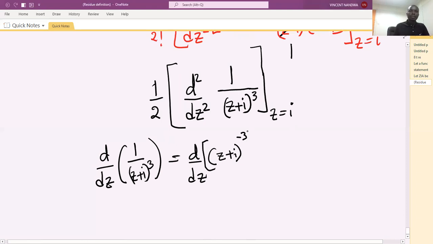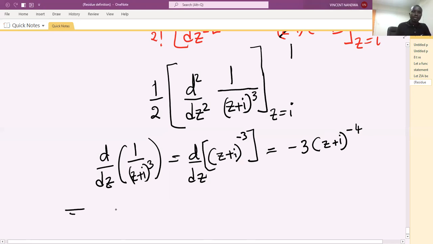So using chain rule, we'll have negative 3 and then z plus i, subtracting 1 we get minus 4, and then differentiating inside with respect to z we get 1, so it doesn't change the value. So this is what we have.